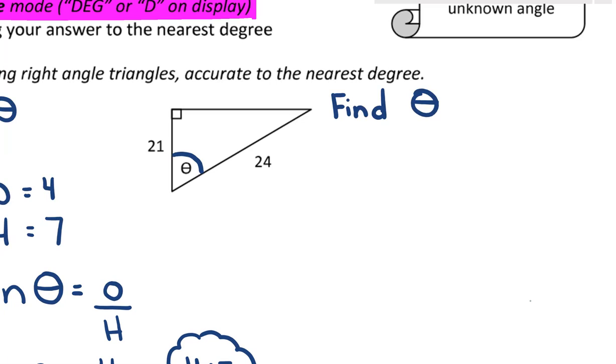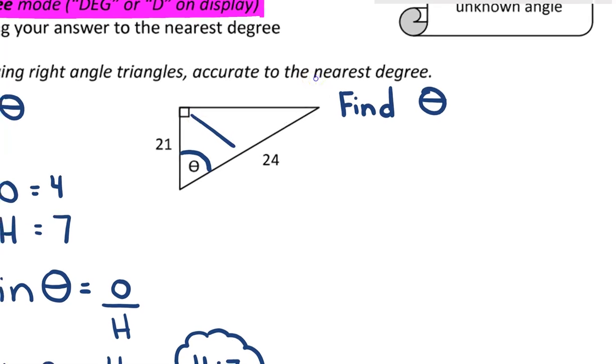Abby, can you label the sides for me? Is H, so 24 is the hypotenuse. Right here. Okay. So that's H, I agree with that.